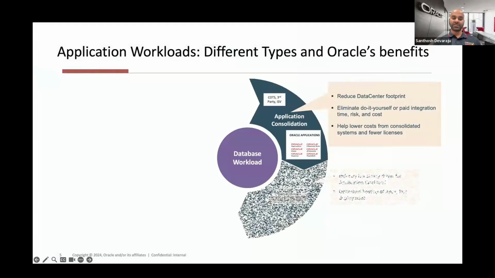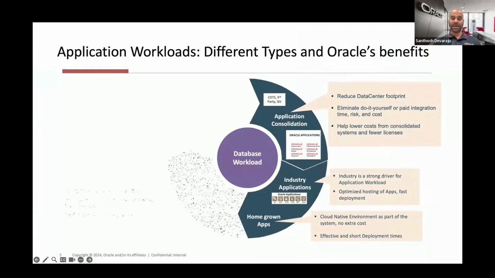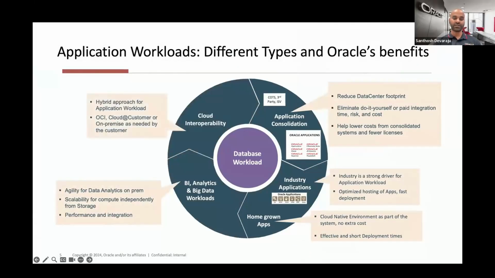Cloud migrations span databases, packaged applications, industry solutions, homegrown systems, and analytics, each with different and distinct needs. Oracle leads by pairing the world's leading database foundation with a pragmatic path to modernize and consolidate applications on Oracle Cloud Infrastructure. Industry workloads get optimized hosting and rapid deployment across public, dedicated, or edge solutions without any trade-offs.